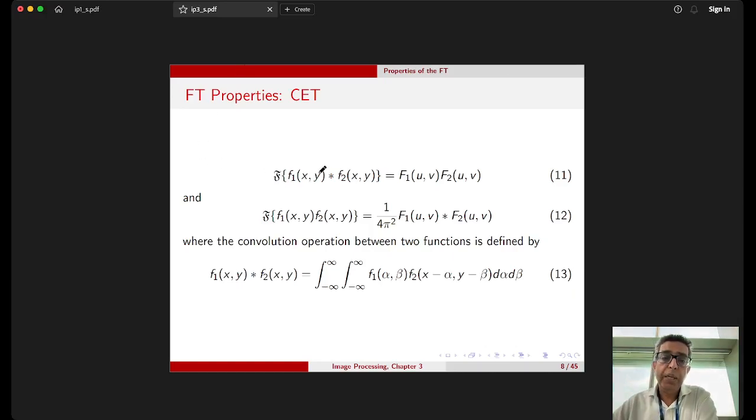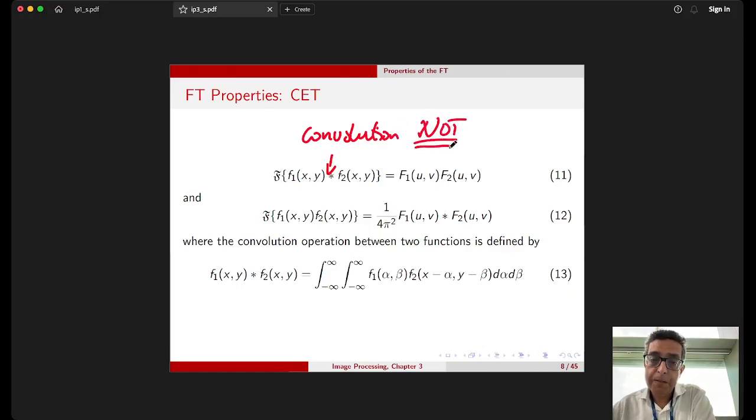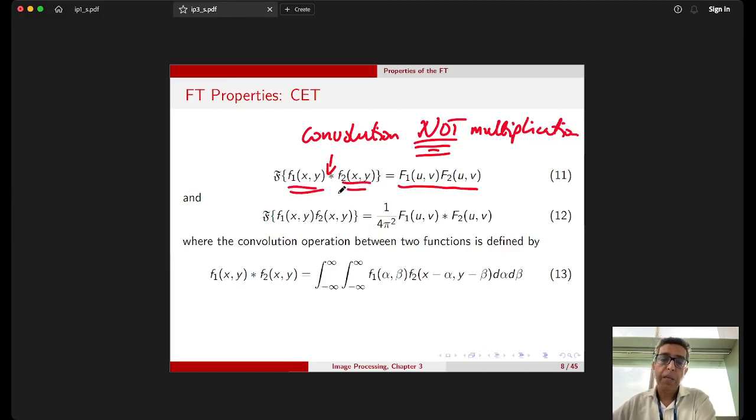Okay, the final property to think about is in the two-dimensional Fourier space. This here is not multiplication, this is convolution. Somewhat confusingly, if we convolve two signals, two functions of space, then the Fourier transform of that convolution will be a product in Fourier space of the individual spatial fields.